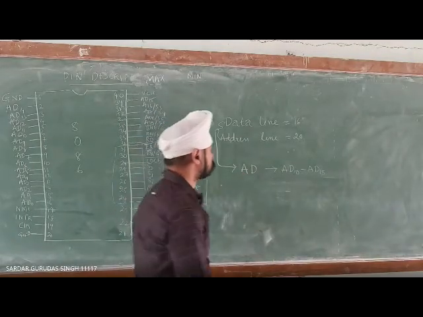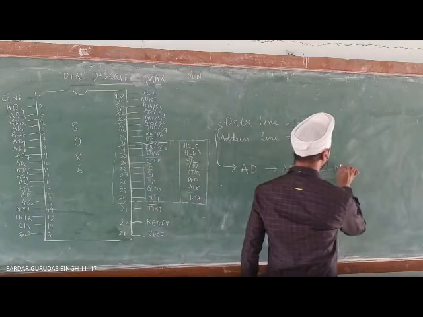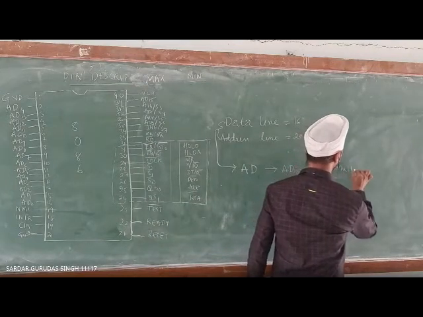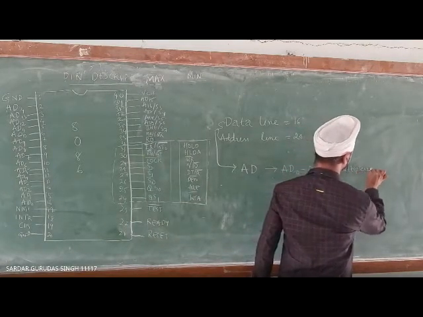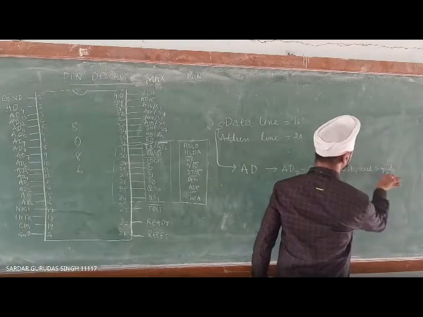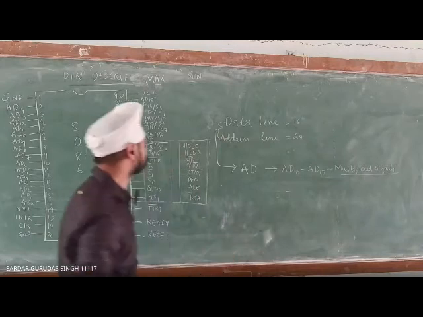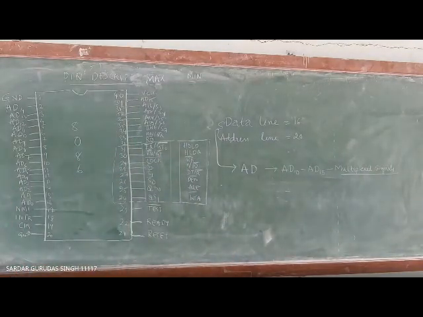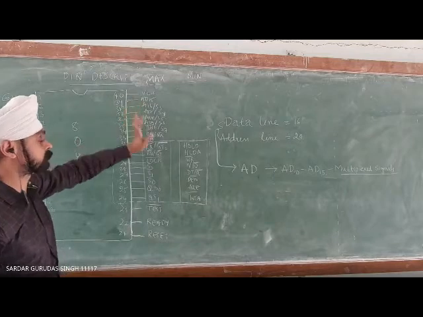So these are multiplexed signals. The address and data signals that are multiplexed start from AD0 and end at AD15.